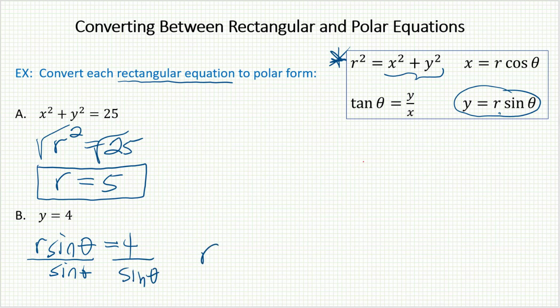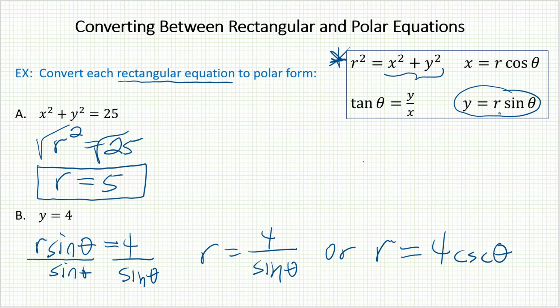So this would typically get written r equals 4 over sine theta, and that's probably fine. Or I could write it without any fractions by reciprocating that sine theta to the top. That would turn it into a cosecant theta, the reciprocal of the sine function. This is probably the simplest, shortest way to write the equation in polar form.